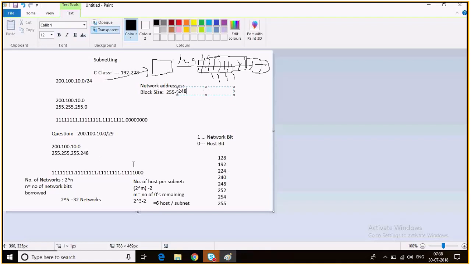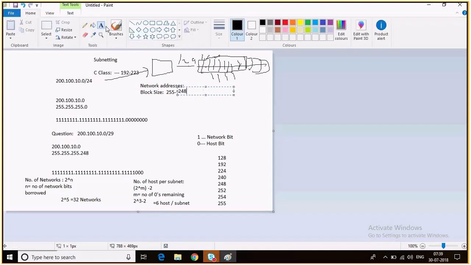In my question only the fourth octet is changing, so that is my interesting octet.